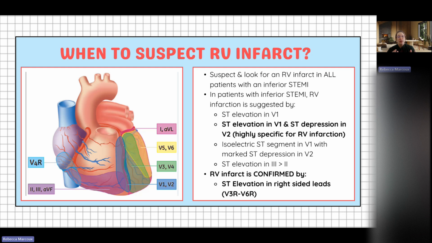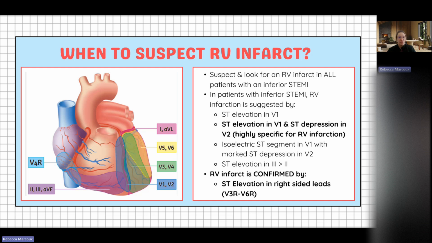So if we're thinking of our inferior leads, again, it's lead 2, 3, aVF. Oftentimes, if we do have a right-sided involvement, you're going to see ST elevation as well in V1, which makes sense when you see where V1 is looking, right? It can cross over a lot with the inferior portion of the heart.